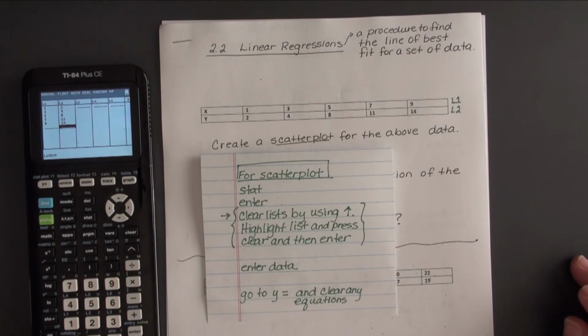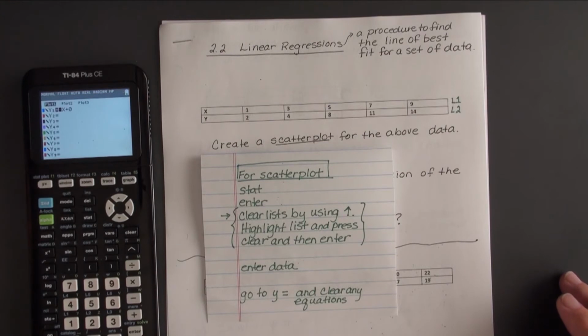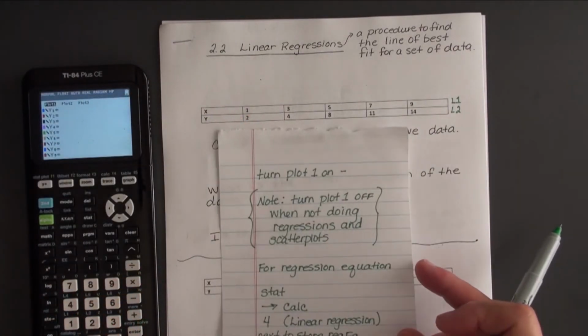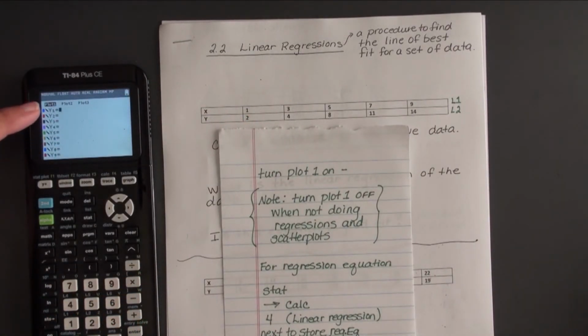Now once you have done that, go to y equals and clear out any equation that is in there. So make it clear. And after we do that, we have to turn plot 1 on. Plot 1 is right here up in the top left, and it should be highlighted. Mine is highlighted.